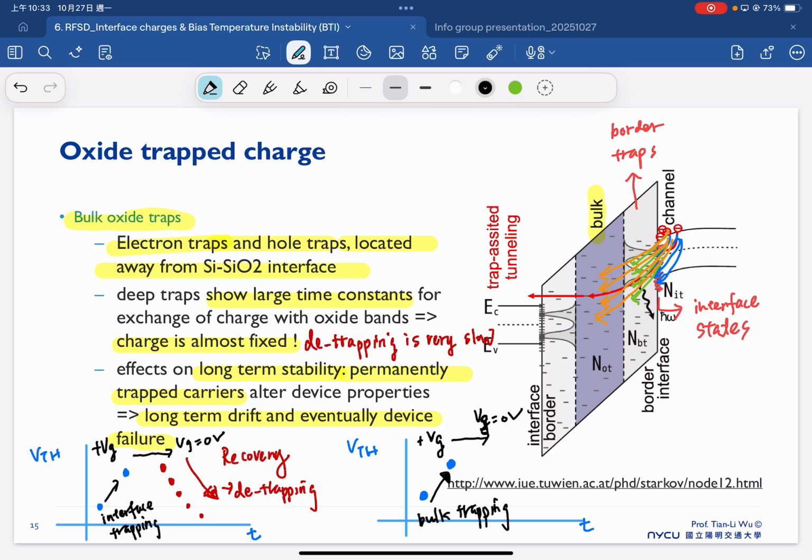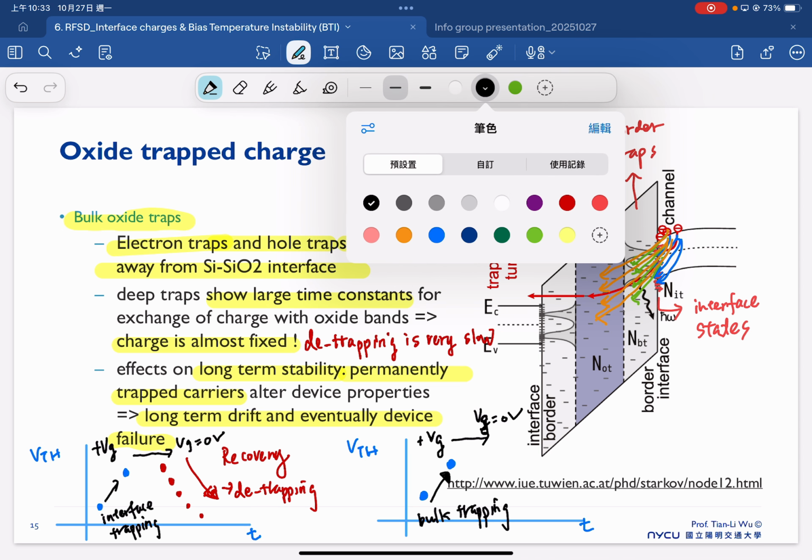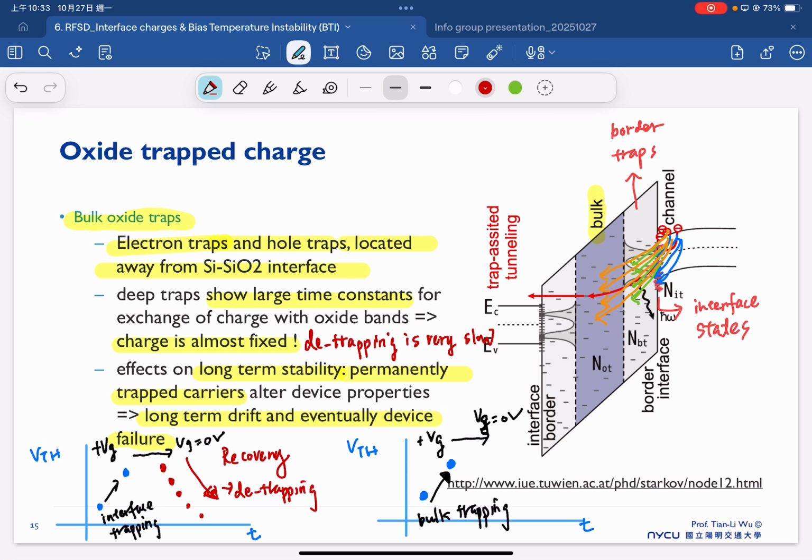It takes so long and it is difficult to detrap, and therefore, even if we don't give the bias anymore, our VTH will still stay fixed at this amount because the electrons are trapped by the deep bulk traps. So we don't see any recovery effect, and that is what we consider a permanent degradation.